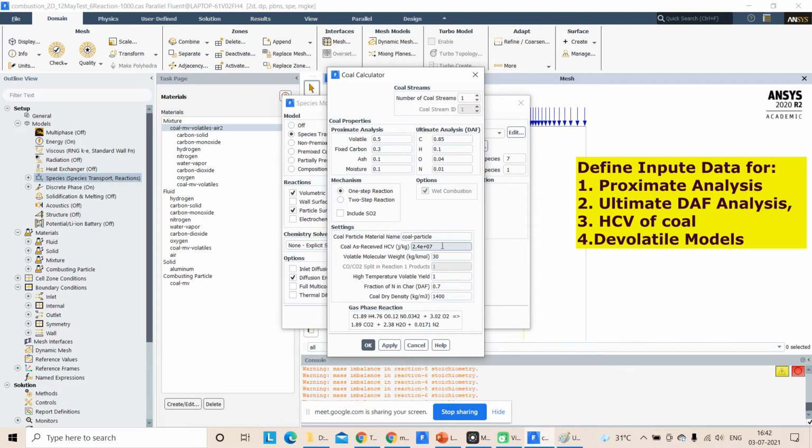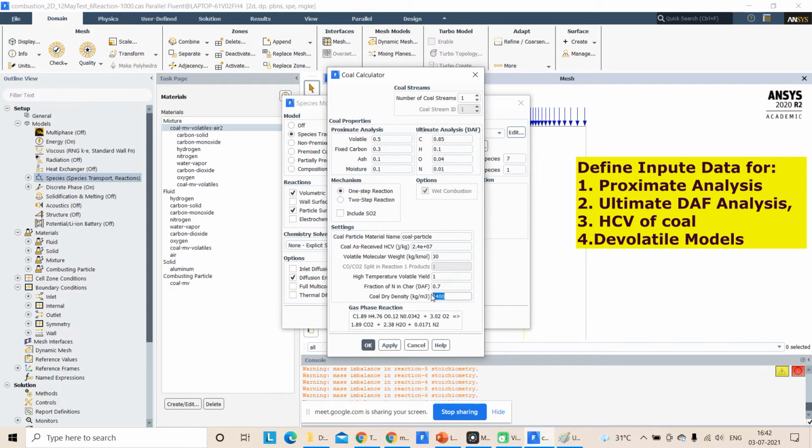Then we have to give the heating value of the coal, that means how much energy is generated by burning 1 kg of fuel. Here I have given 24 megajoule per kg. Fraction of nitrogen in dry ash free you can use 0.7. Coal dry density you can use 1400 kg per meter cube.